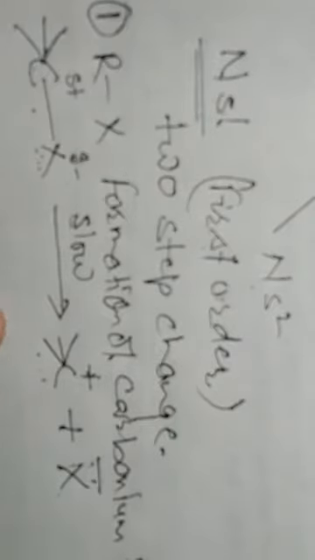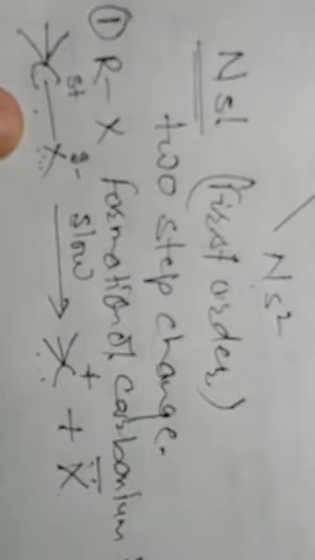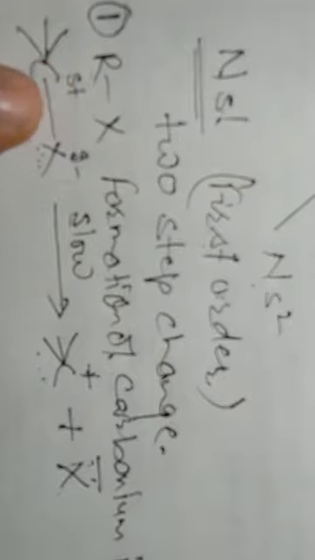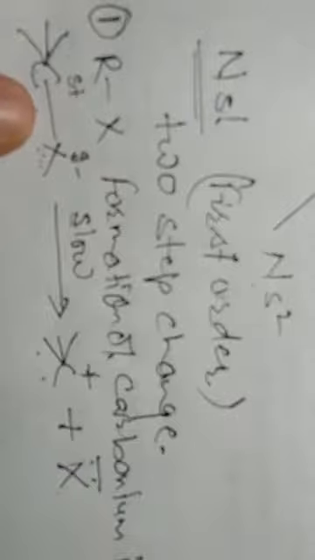So for this SN1 change, the first step, in which formation of carbonium ion takes place, will be the slower step, and that is why this is the rate determining step also. In this step only one reactant molecule is present, so the rate of the whole conversion depends upon the concentration change of this alkyl halide molecule only. So because only one reactant molecule determines the rate of reaction, this change is known as first order reaction.